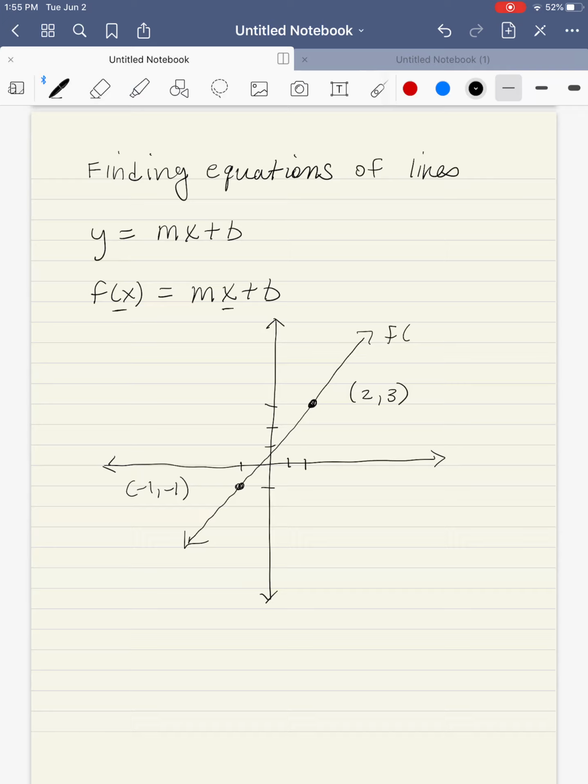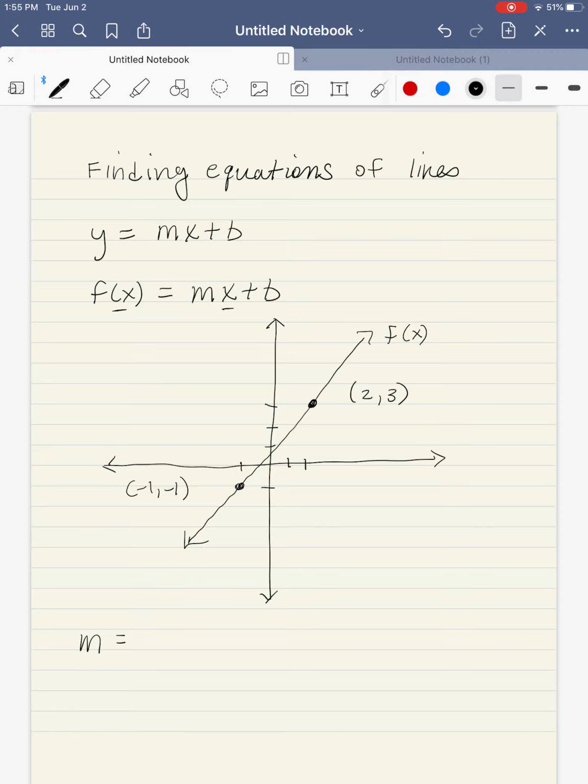So what we're going to do is look at how can we find the equation of this line? How can we find the function that goes through those 2 ordered pairs and has the shape of a line?